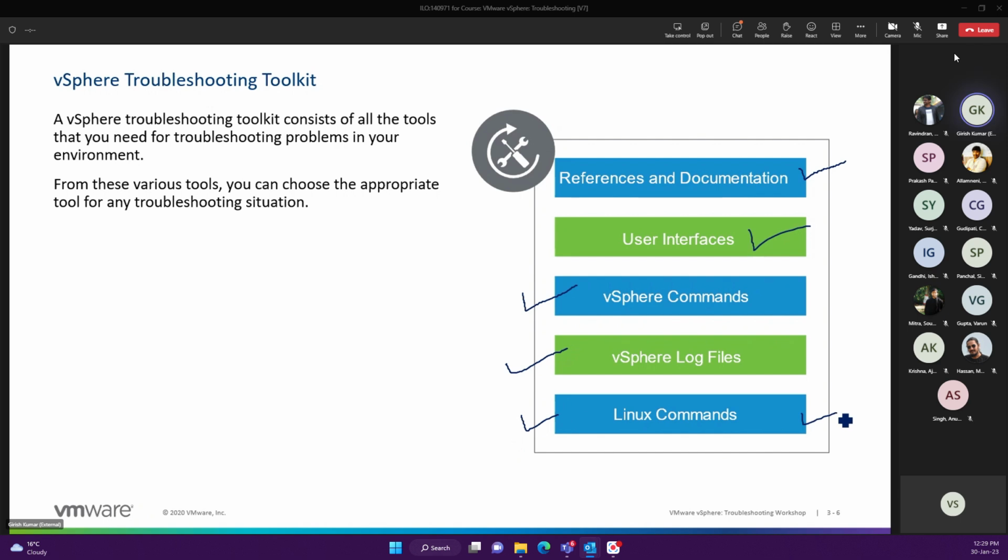So some command line tools we also need to know, because this is also one of the methods to find existing configurations, wrong configurations, and how to know who made what kind of changes.